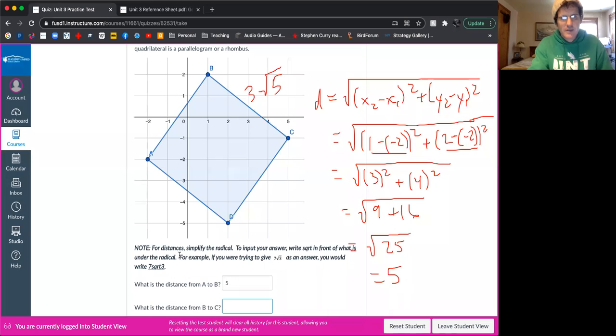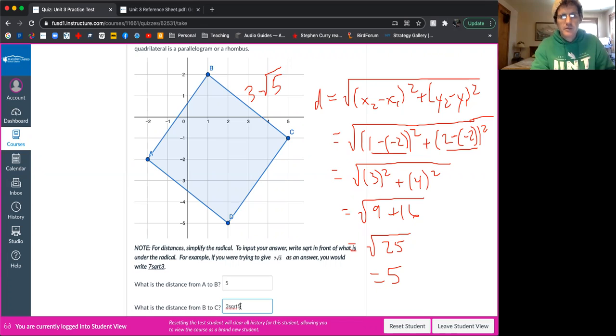And so I give you an example right here. If you're trying to put in 7 square root of 3 as your answer, you would put a SQRT in. So I would put in 3, no space, SQRT, and then 5, because notice it's the 3 square root of 5 right here.